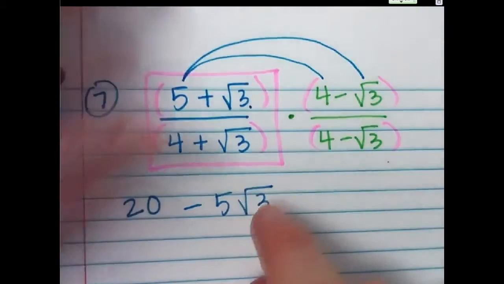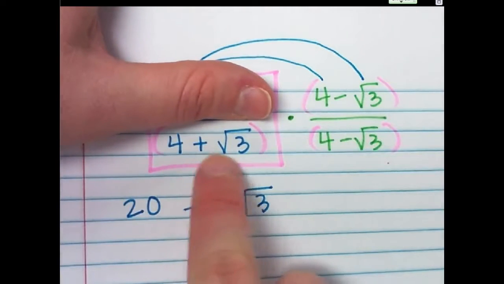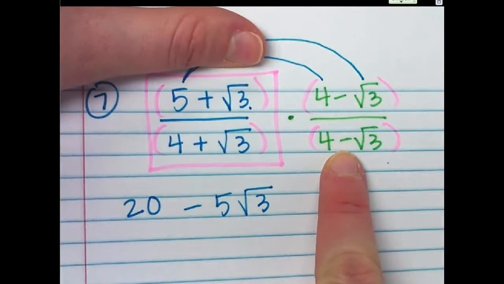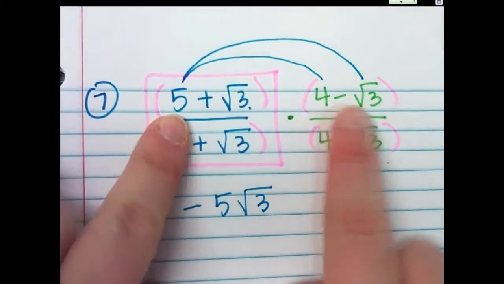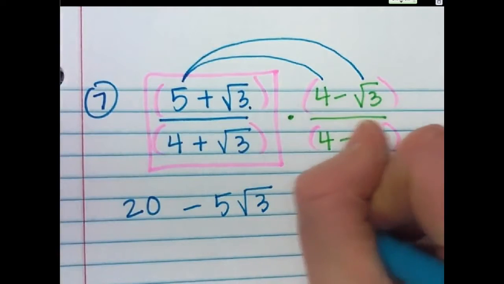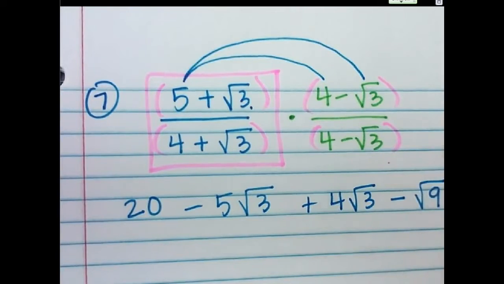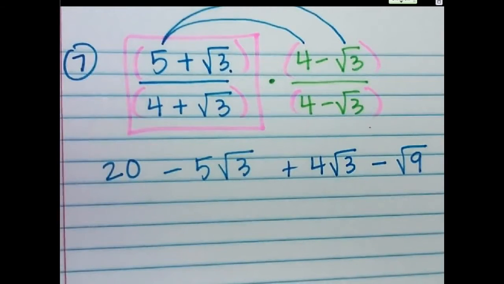So it doesn't matter what the top is, I take this one, I change the sign. But you want to do 3 times 3 is 9 on the top one? Oh, I just haven't done that yet. I did the 5 to both, and now I'm doing the 4. I'm going to get that. Maybe you just did it in order, which is fine. So I got negative square root 9. As long as you have all 4 pieces I have, it's fine.